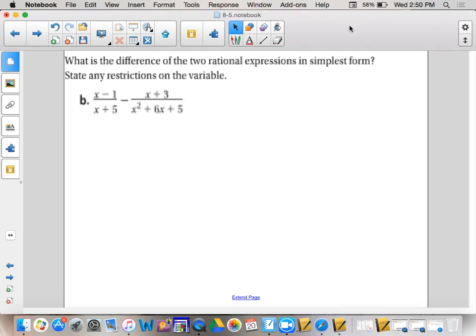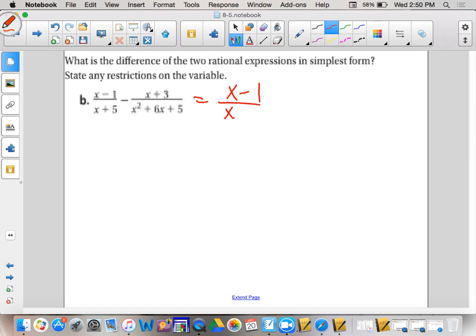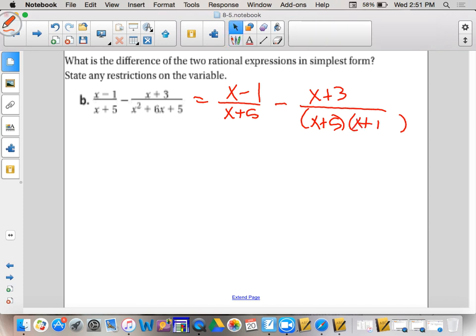Okay, let's look at it. So let's factor it completely out. Okay, what does the bottom factor out to right there? x plus 5 and x plus 1. So what's my least common multiple? x plus 5 and x plus 1? That can't be. 3 and 2.